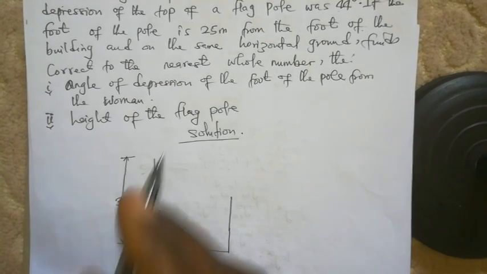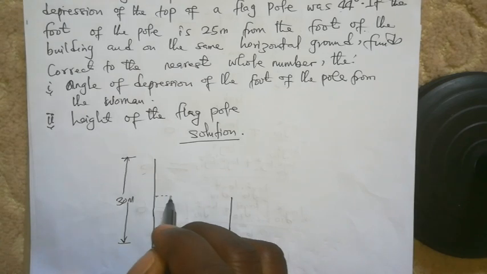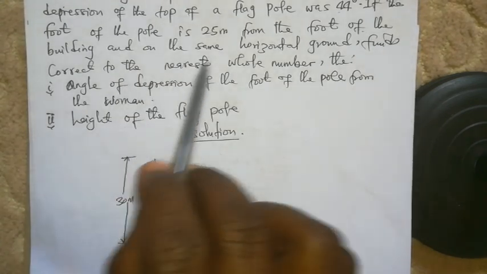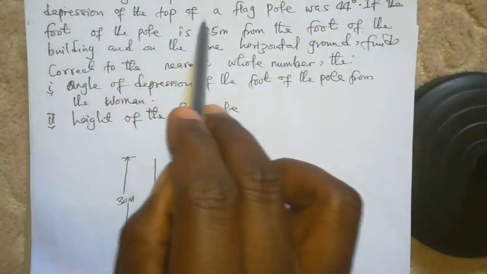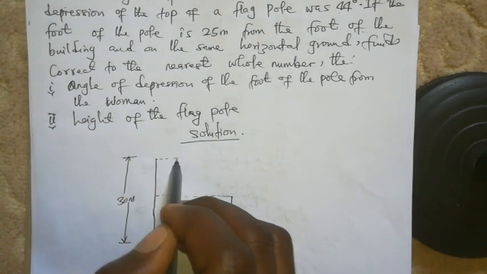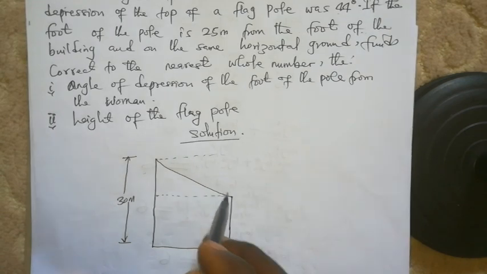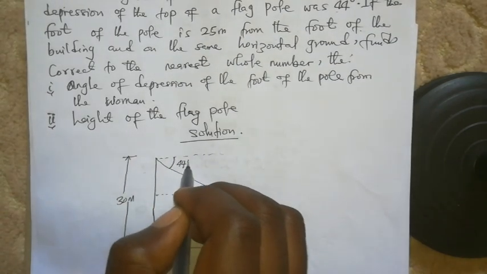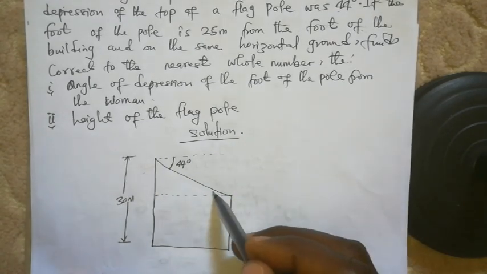So the angle of depression of the top of the flagpole was 44 degrees. You see, this is the angle of depression, which is 44 degrees. But this angle is equivalent to this angle.